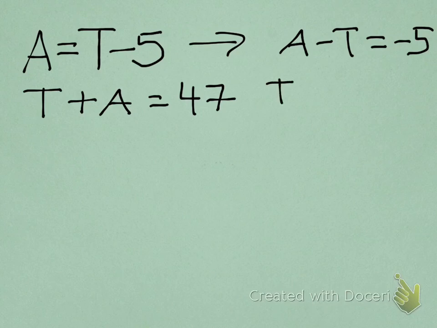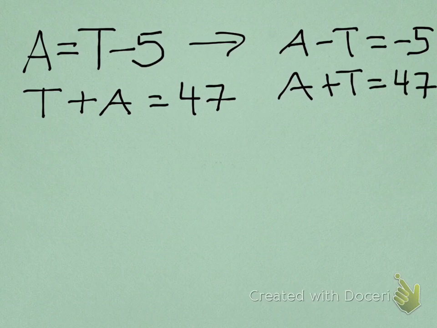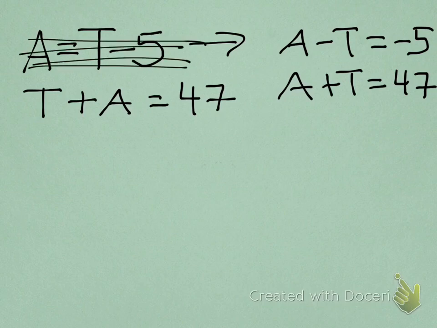And we keep this one the same. Oops, but we want to line up the variables, so we're going to do A plus T instead of T plus A. Doesn't matter because of the commutative property. And that's what we're going to solve. So we're finished with this one. Now we have A minus T equals negative 5 and A plus T equals 47.